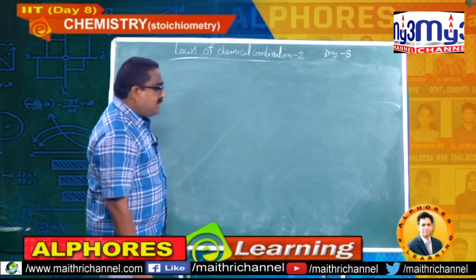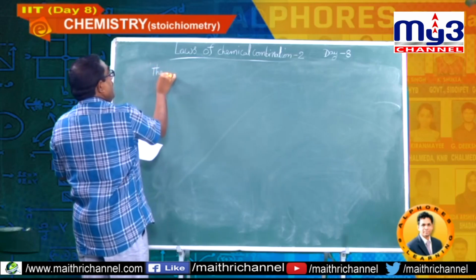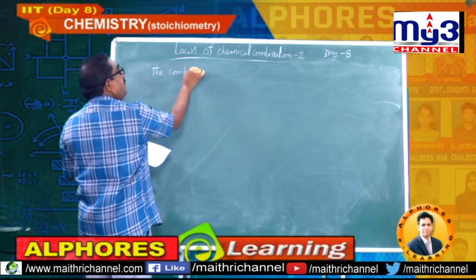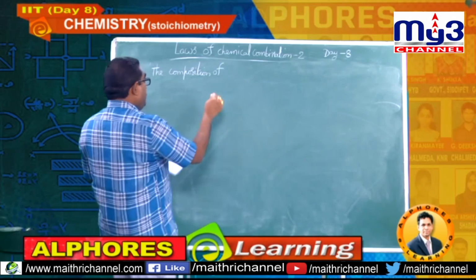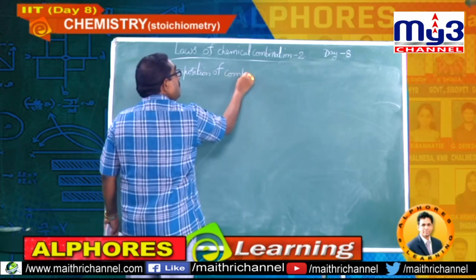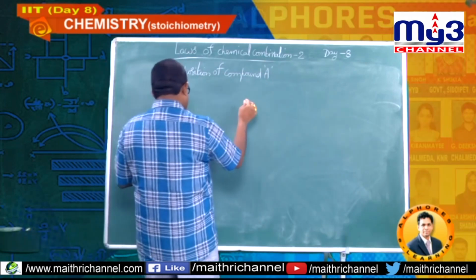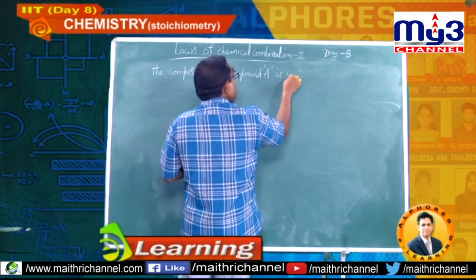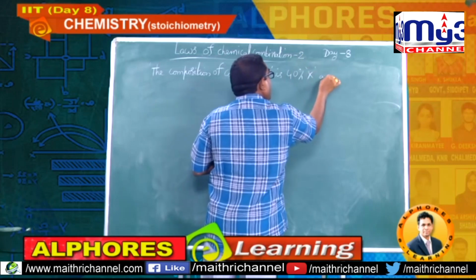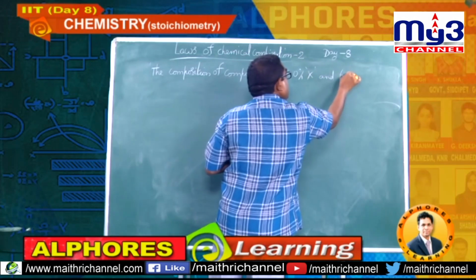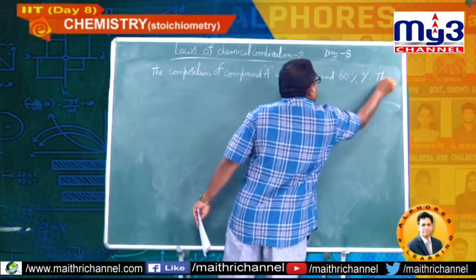Write down the next numerical, students. Write down along with me: the composition of compound A is 40% X and 60% Y. Write down, students.